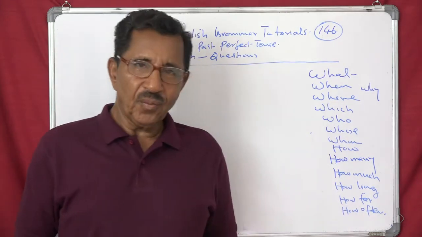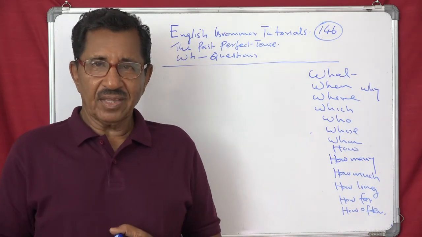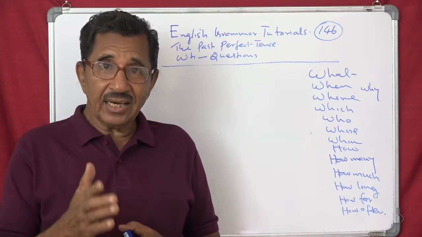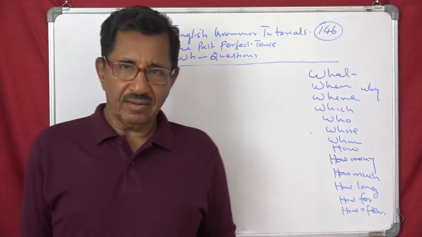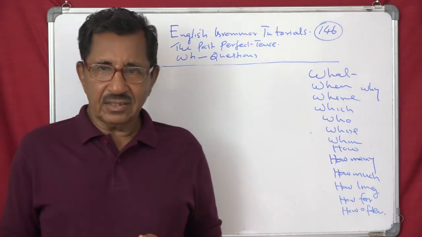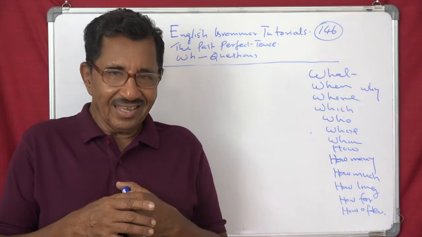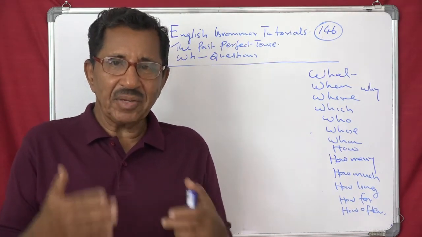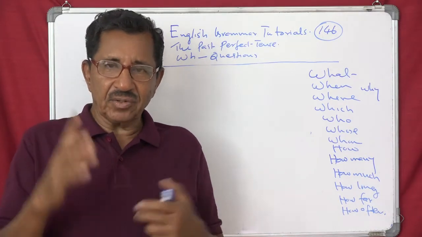How? They had done it well. How had they done it well? How many? They had purchased many books, or they had purchased 50 books.